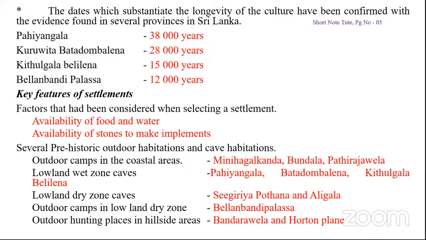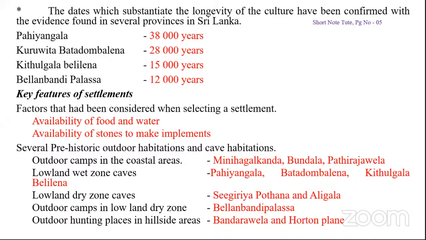Now, one of the past paper questions that had been asked is: give two types of habitations with examples that Stone Age man was living in. So what were the two types of habitations? Caves and outdoor camps. When you are giving the answer, you can just give for caves anything: Pahiyangala, Batadombalena, Kitulgala, Belilena, Potana, Aligala, anything you can write.